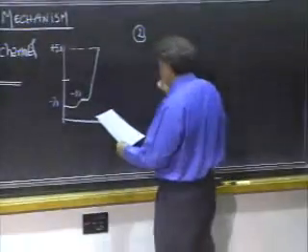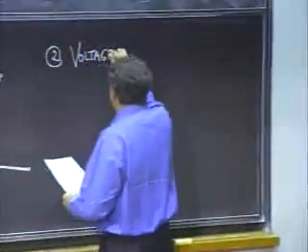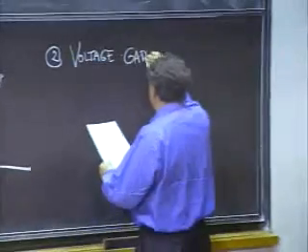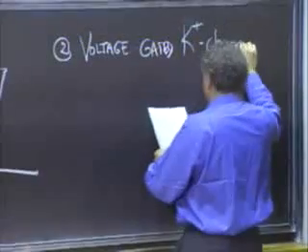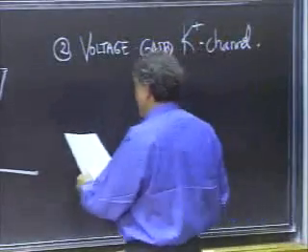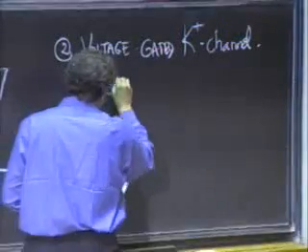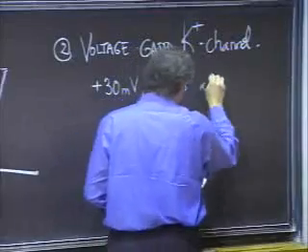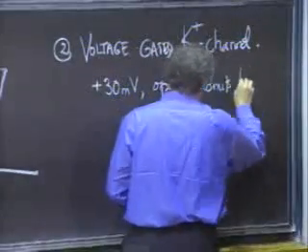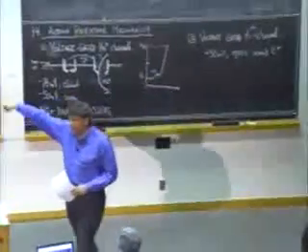even better, nature is arranged to have a voltage-gated potassium channel. What happens to this voltage-gated potassium channel is that around plus 30 millivolts, it opens and admits potassium. Now, instead of having to wait for the relatively slow ATP-driven pumps, what happens when I admit potassium?